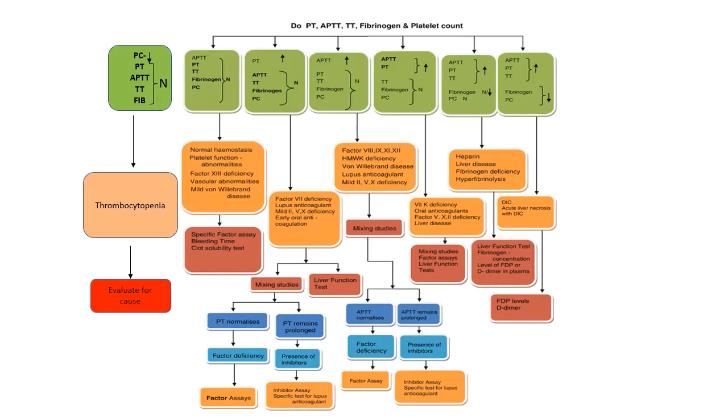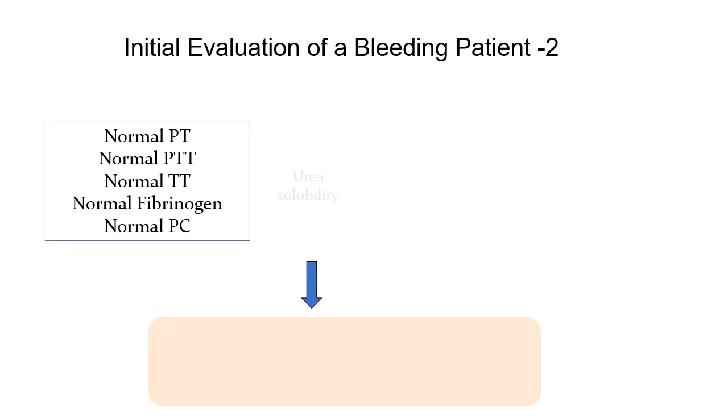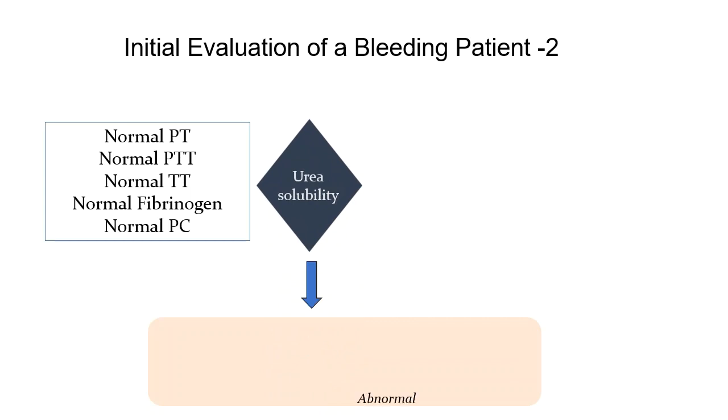So moving on to the next scenario where your screening coagulogram is absolutely normal. So the second scenario where the PT is normal, the APTT is normal, TT is normal, normal fibrinogen and normal platelet count. The next test that you could do is a urea solubility test. If abnormal, consider factor 13 deficiency.